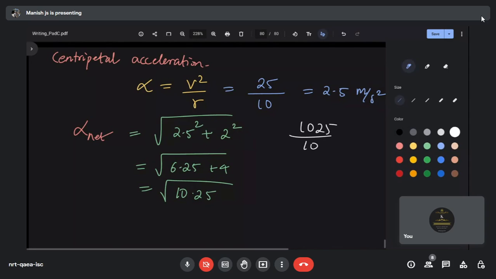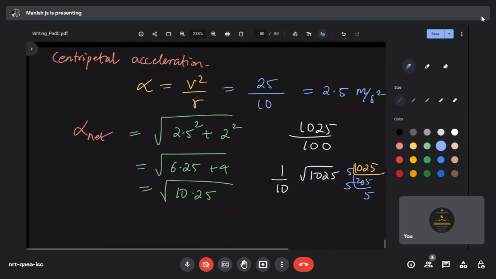1025 upon 100. How much is that? You can go for a prime factorization. 205 வருது.